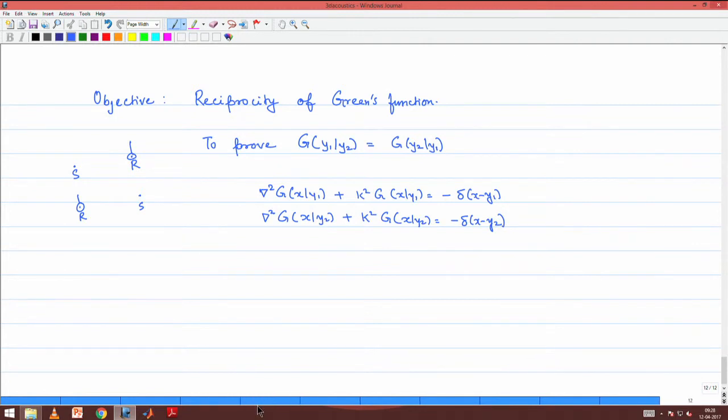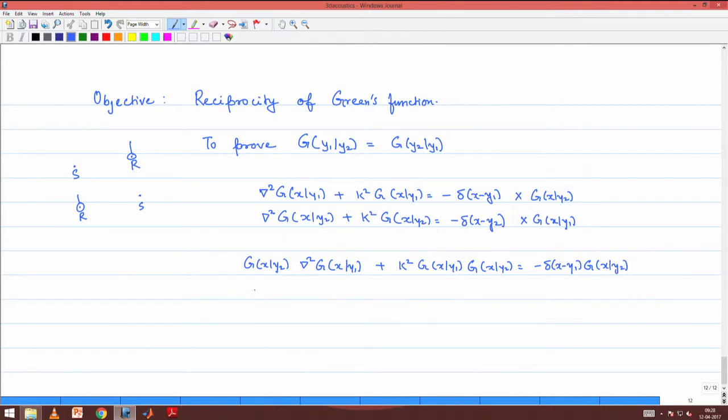right. So, now what we will do is multiply this equation with g(x, y2) and the other equation with g(x, y1). As a result, from the first equation we get g(x, y2) del square g(x, y1) plus k square g(x, y1) g(x, y2) equals minus delta(x minus y1) g(x, y2), right.